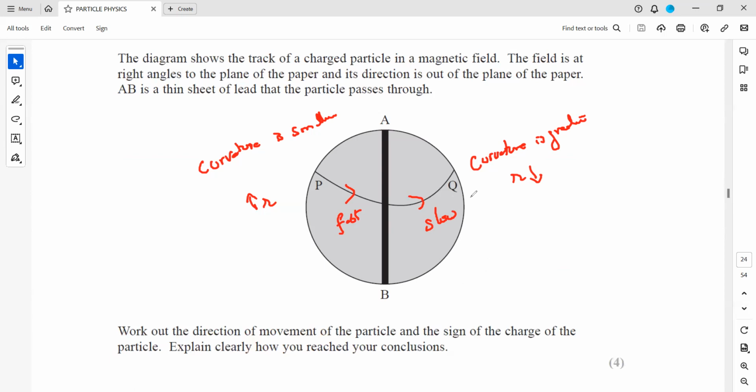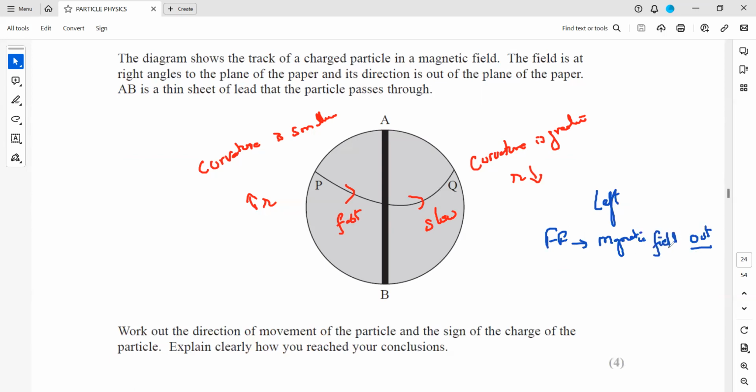The second thing is, what kind of particle is this? As mentioned, you will use Fleming's left-hand rule. Your index finger, or first finger, represents the direction of the magnetic field.